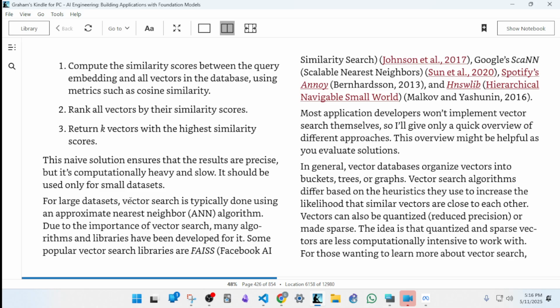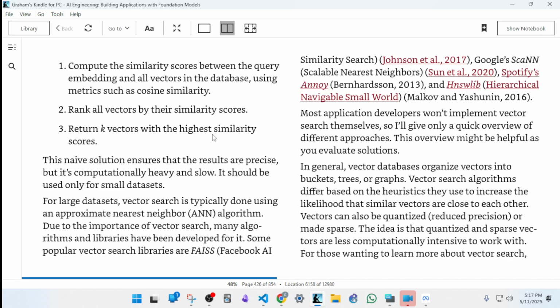For large data sets, vector search is typically done using an approximate nearest neighbor (ANN) algorithm. Due to the importance of vector search, many algorithms and libraries have been developed for it. Some popular vector search libraries are FAISS, Facebook AI Similarity Search, developed in 2017. Google's ScaNN, Scalable Nearest Neighbors, developed in 2020.